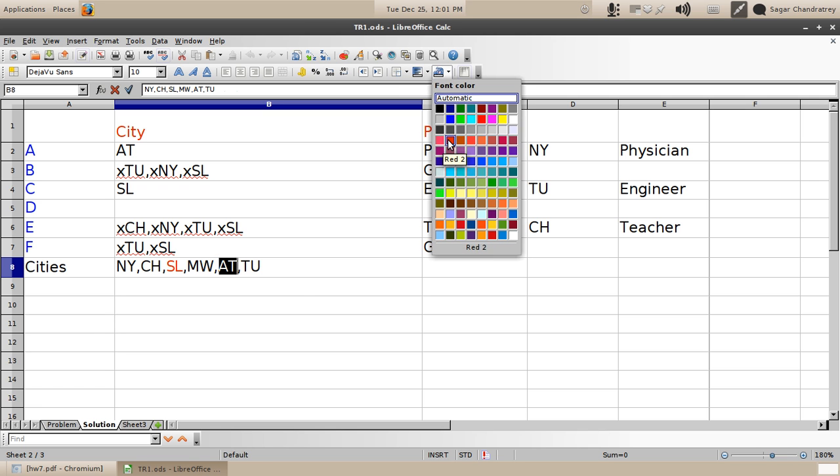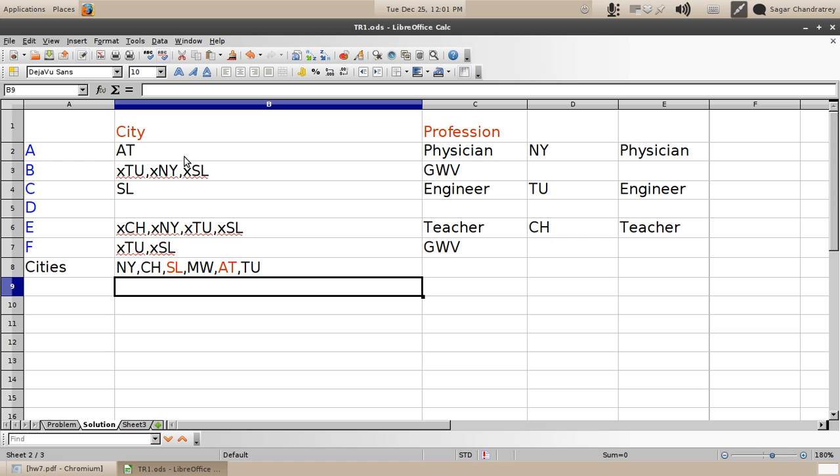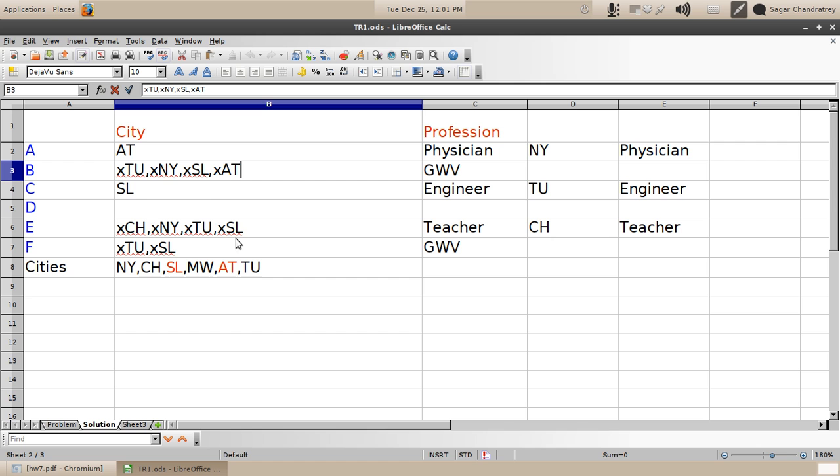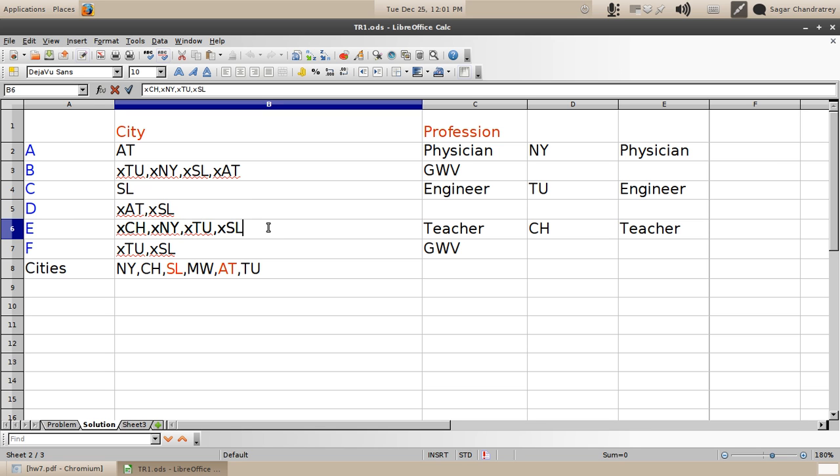And now we'll put a cross AT for each of these people. A not from AT. We don't have to put anything for C because that is already done. Not from AT, not from St. Louis, not from AT, not from AT.